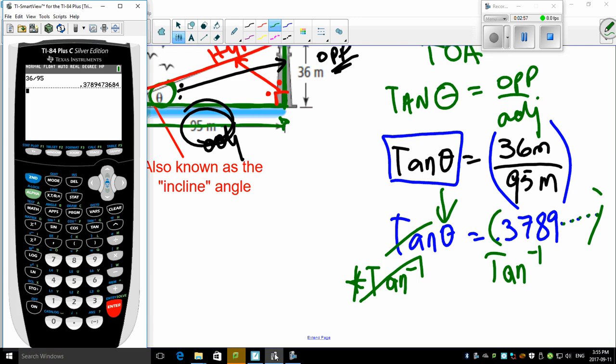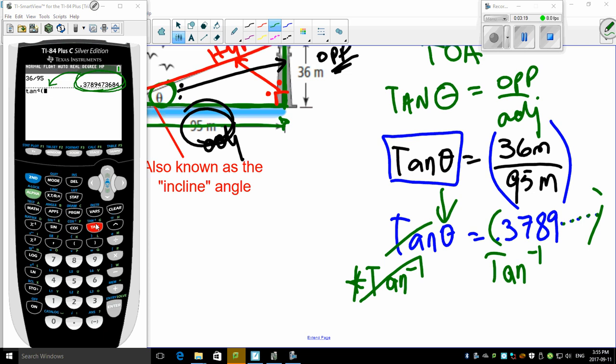Look at all the numbers that we have to put into this calculator. It'd be ridiculous to hit tan inverse and put all of those numbers back into the calculator. So let me show you a real neat trick. You're going to hit your tan inverse for sure. So I'm going to hit my second, and I'm going to hit my tan inverse. But now I want to put all of these numbers right into the calculator here.